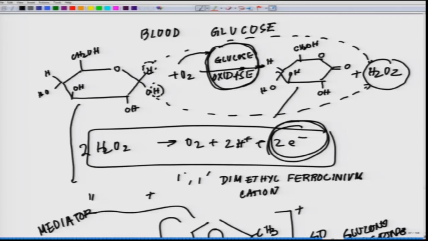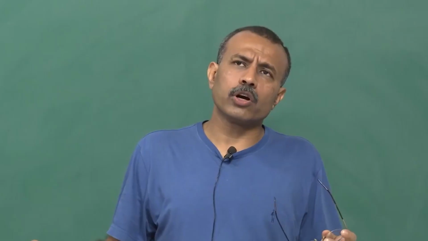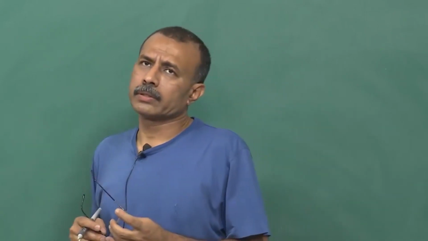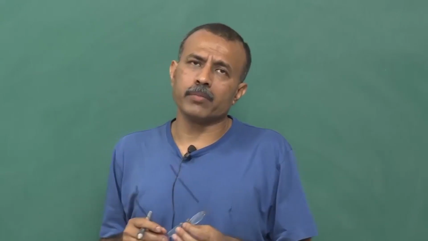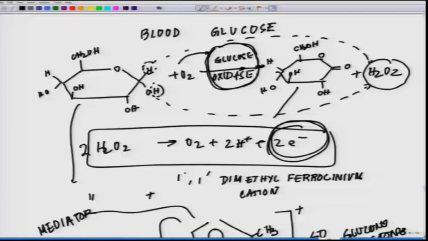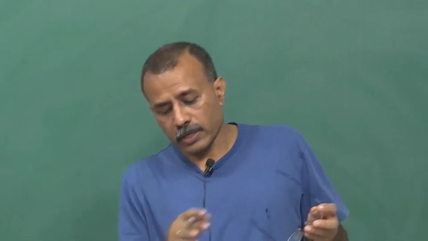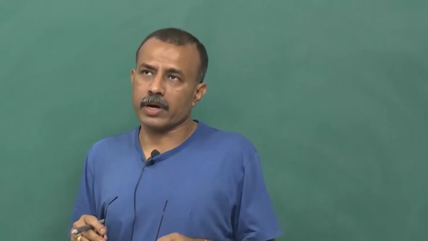Similarly, here, because we realized that glucose oxidase needs a coating of oxygen on top of it to work, and if there is lower oxygen it will show low glucose, which is not true, instead of oxygen we picked a mediator in the form of dimethyl ferrocenium cation. It becomes dimethyl ferrocene, which on a working electrode is transformed back to dimethyl ferrocenium cation.